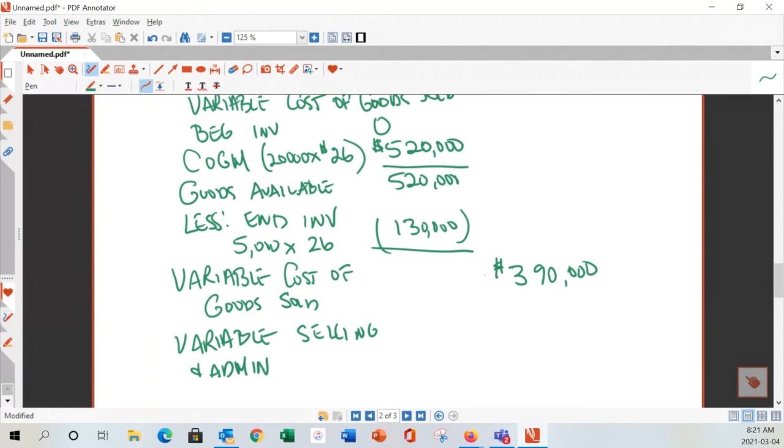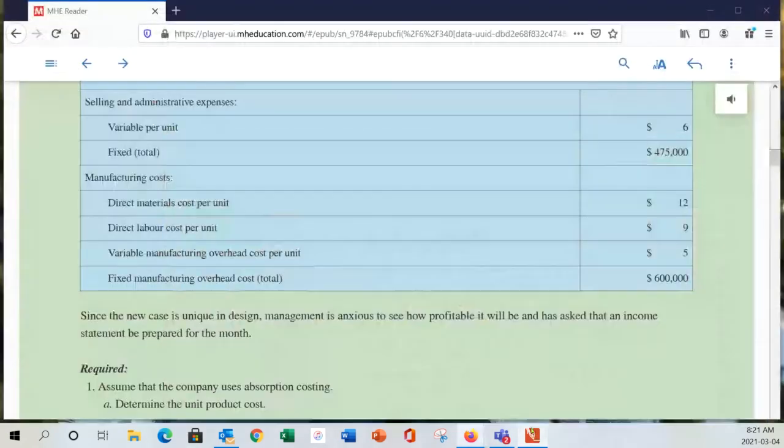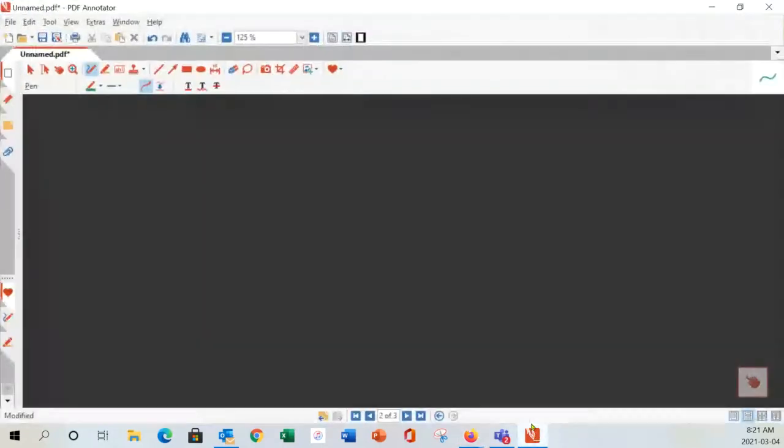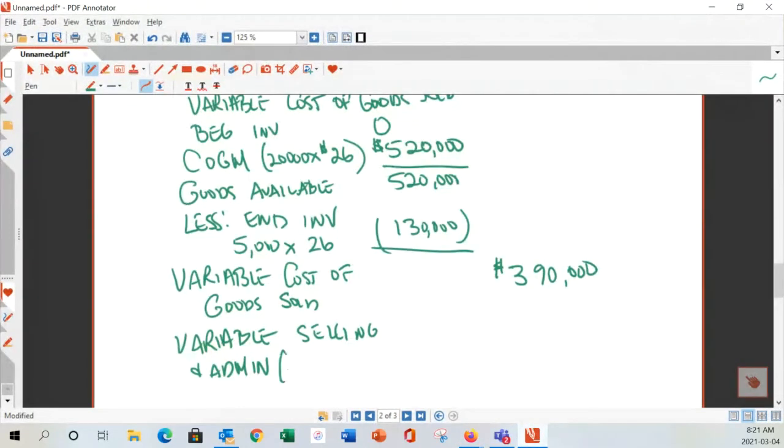Okay. And that was $6 per unit, so that changed. Right, that was the $6 up here per unit sold, and we sold 15,000 times $6, 90,000.